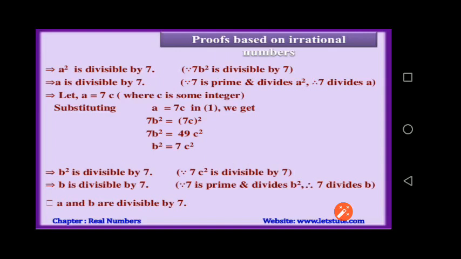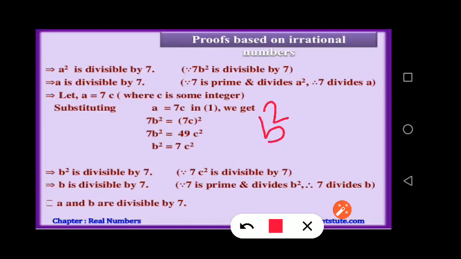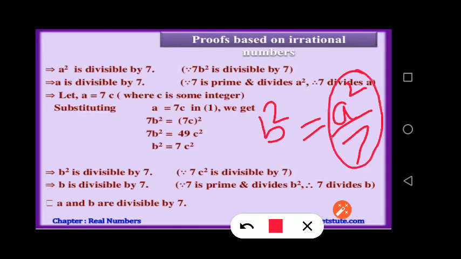In this way, as I explained, b square is an integer and b square is equal to a square by 7, and so a square by 7 is also an integer, and hence we can say that a square is divisible by 7. And just now we have learned that if a square is divisible by 7, then a is also divisible by 7.